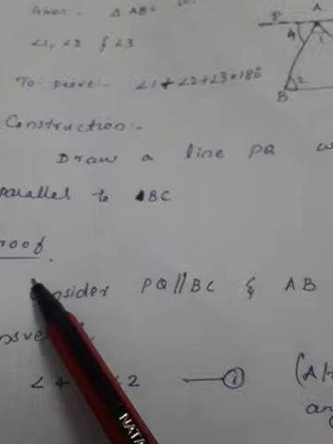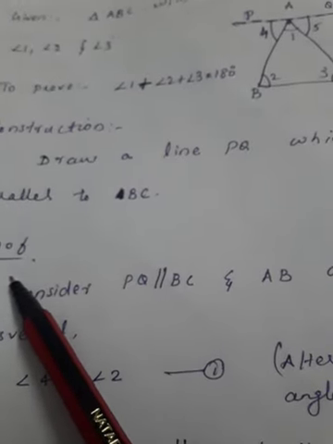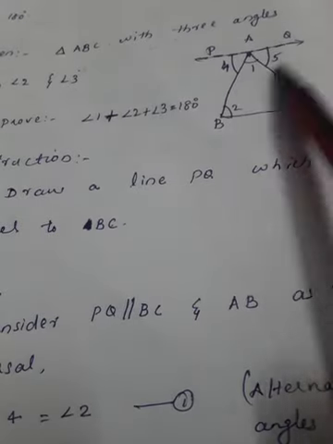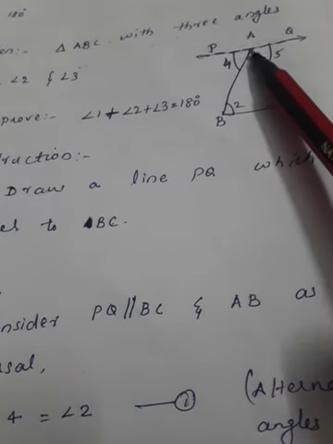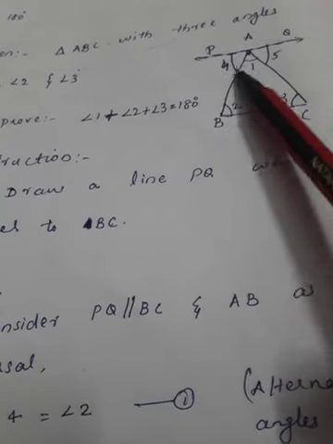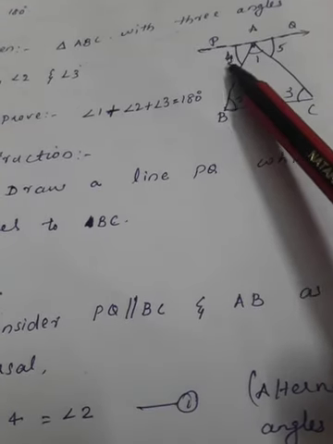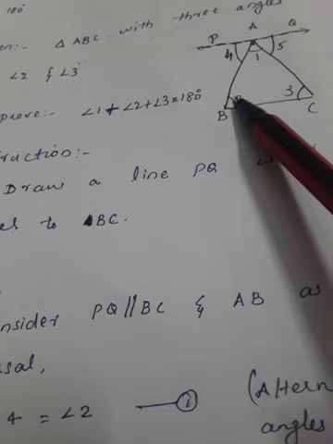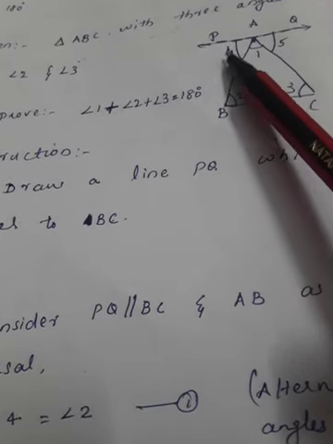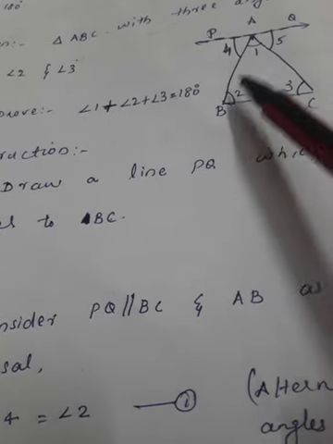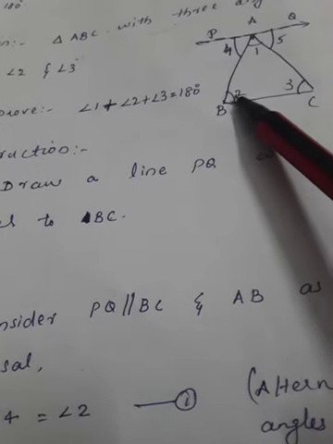Okay. Now we can start the proof. First we consider this line PQ parallel to BC and the transversal AB. Then we can say that angle 4 equals angle 2, because alternate interior angles are equal by the theorem.